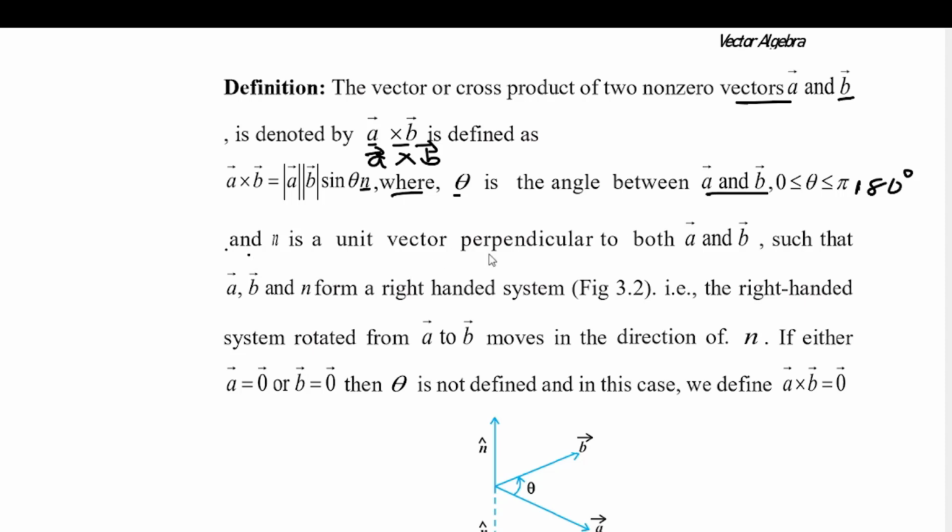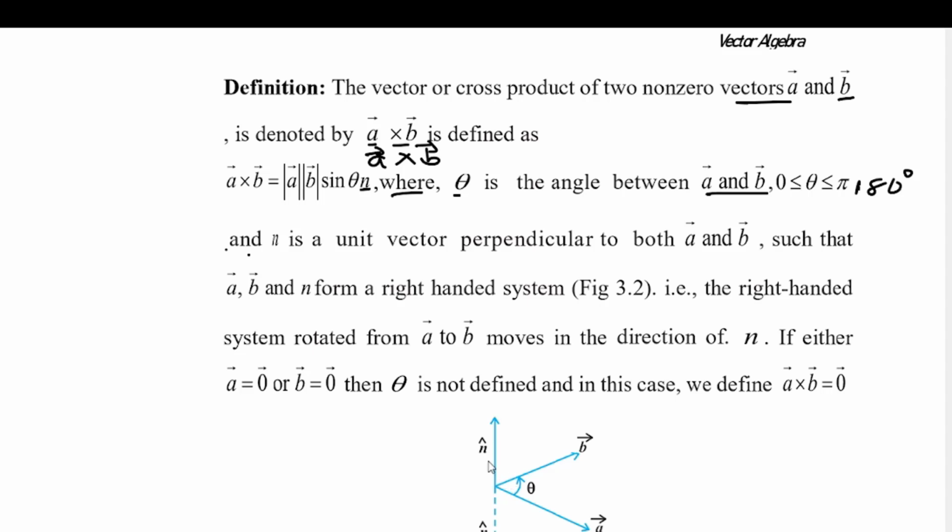N is a unit vector that is perpendicular, so we are talking about this vector. This vector is the unit vector that is perpendicular to the two vectors, of course, vector A and vector B, such that the vectors A, B and N form a right-handed system.